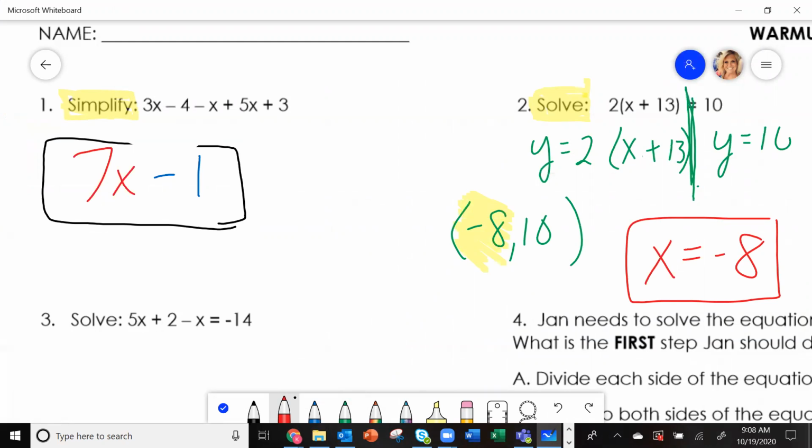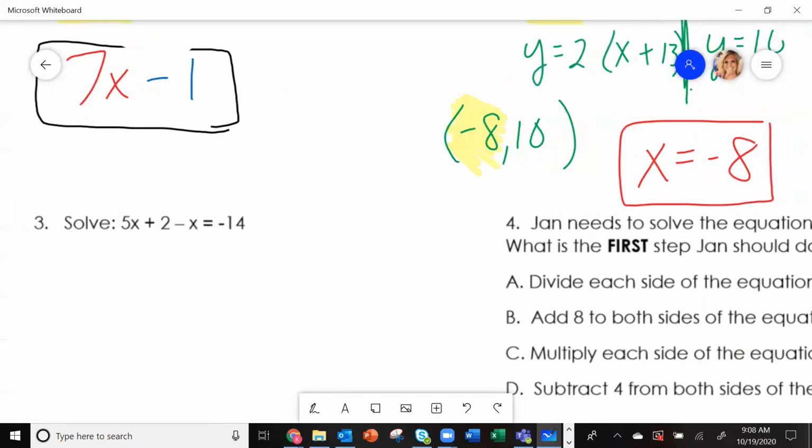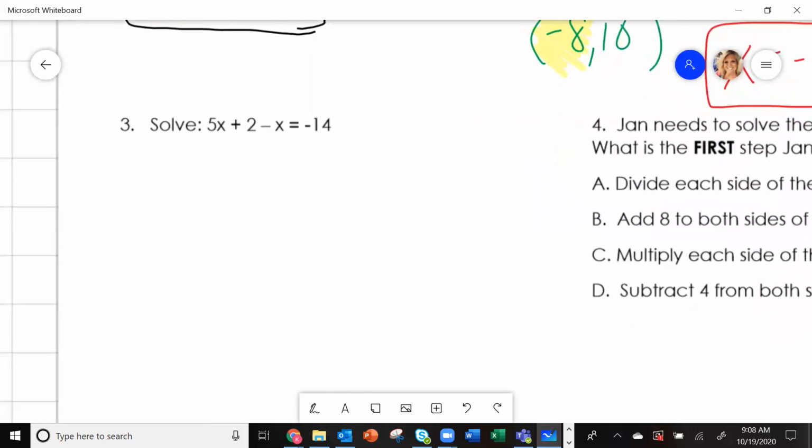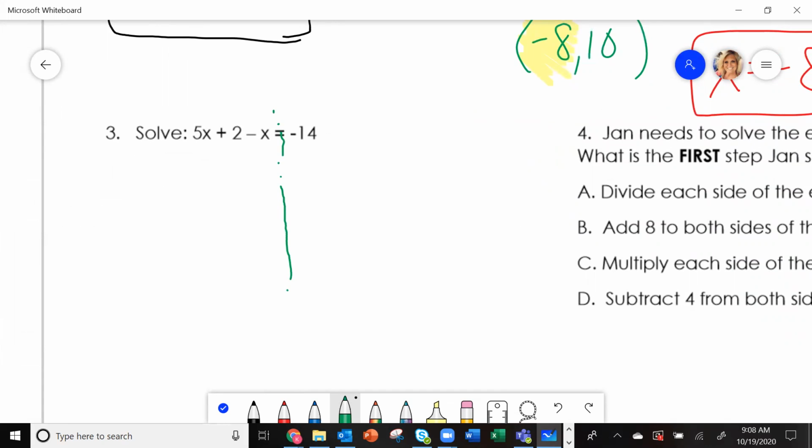Now, let me give you a second. I want you to go through and try to do number 3 the same way I just did number 2. Go ahead and try that.